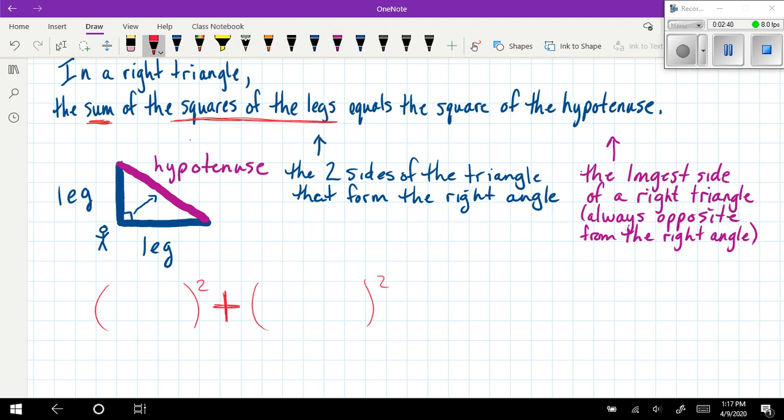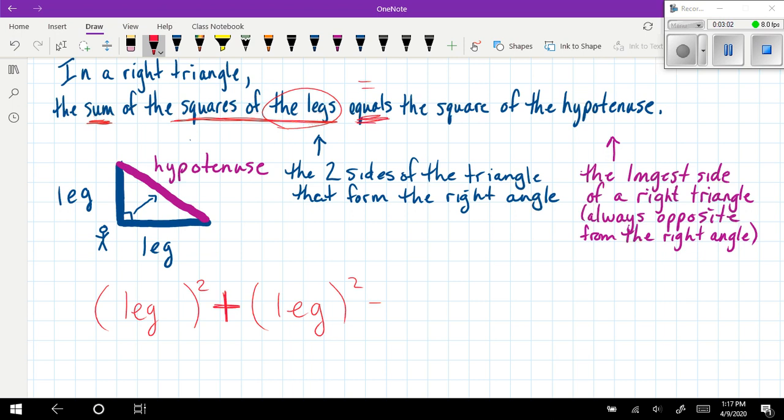The sum of the squares of what? Of the legs. So this is leg 1 and this is leg 2. And since the legs are interchangeable, it doesn't matter which order you write them in. So this gives me the sum of the squares of the legs equals, big fat equal sign right here.